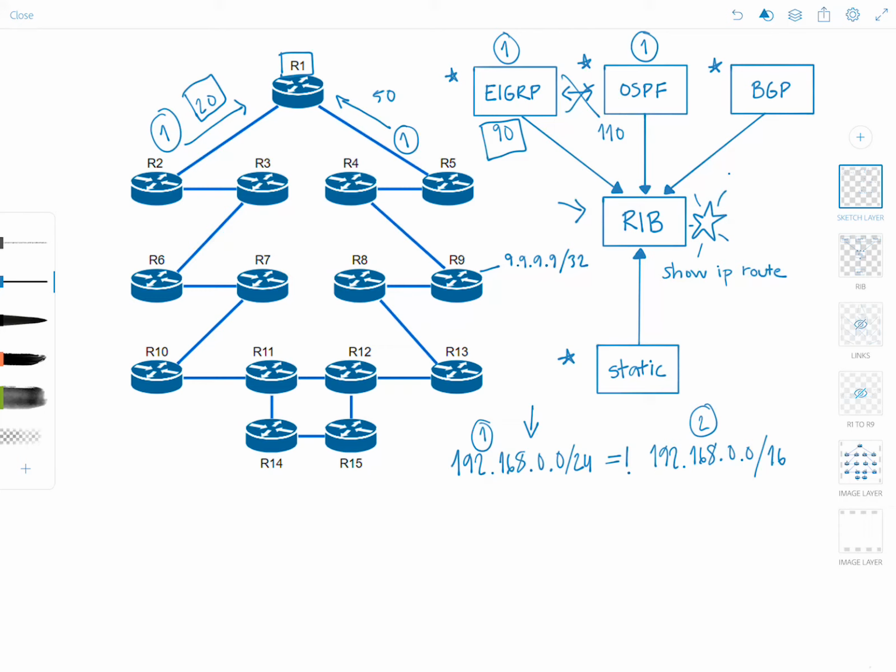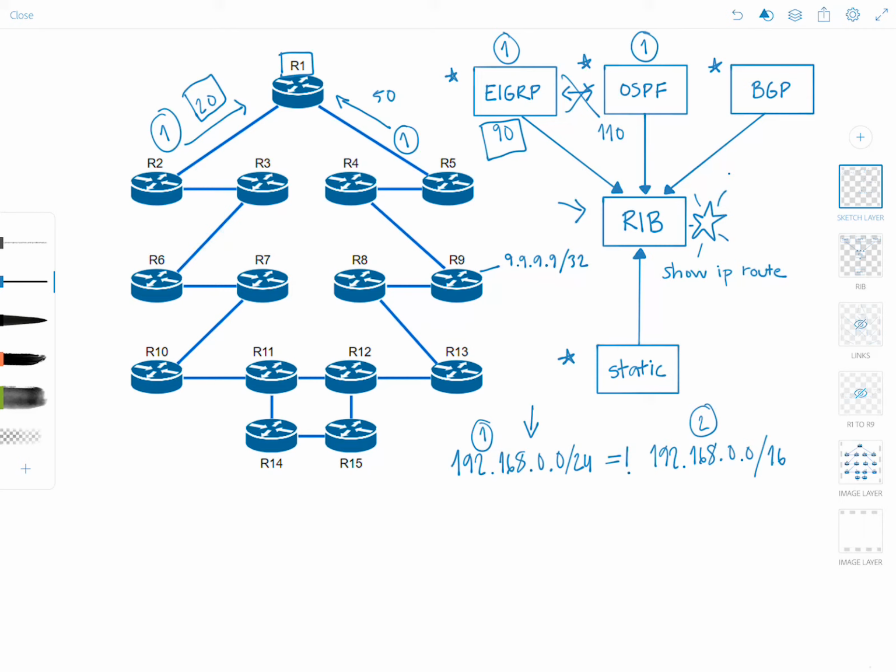So the router decides whether or not to install the routes presented by the routing processes based on the administrative distance of the route in question. So if this path has the lowest administrative distance to the destination, it's installed into the routing table. I already described that to you.